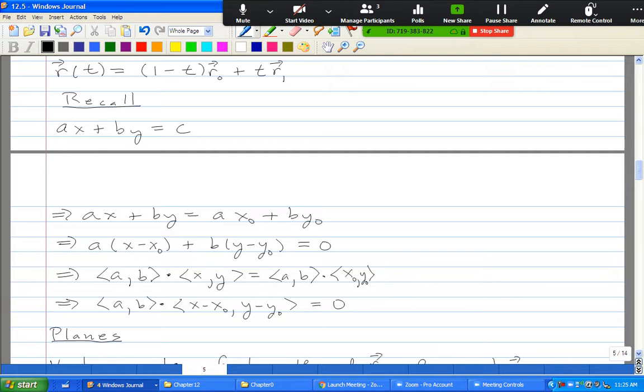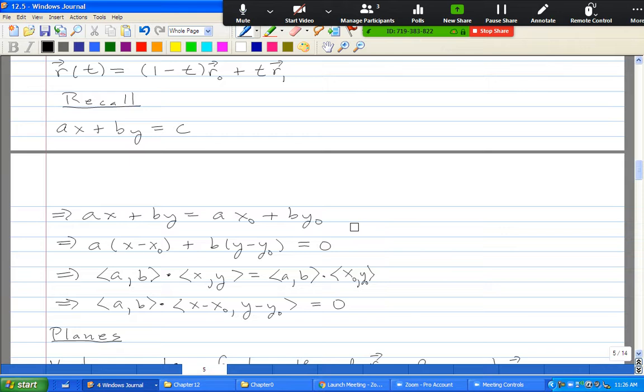Recall the standard form for the equation of a line. And so if I go through a point x0, y0, then these are equal because they're both equal to c. So subtract, bring these to the other side of my equation. And so this is equal to 0. And so I can think of this as just being a dot product. Oh, well, I'm sorry.